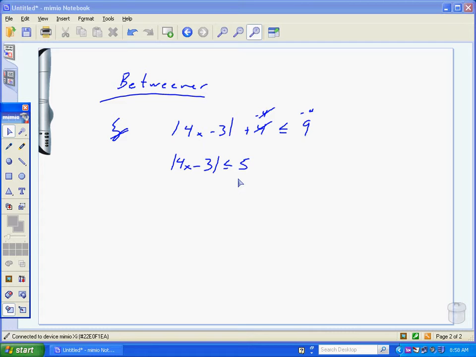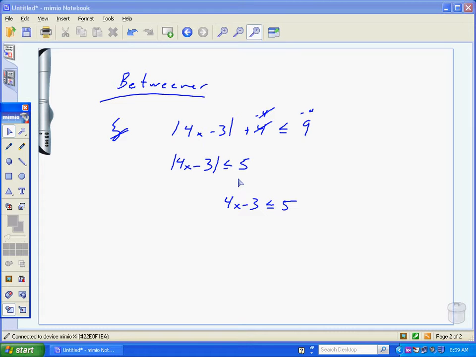Do I have to write it that way? Yes. Remember what I just finished saying, how you write down the original? This stays: 4x minus 3 less than or equal to 5. That doesn't change. Give me a number that's less than 5 though. 4.